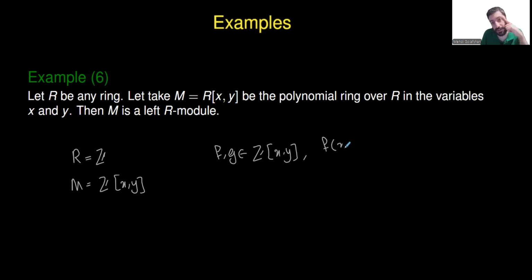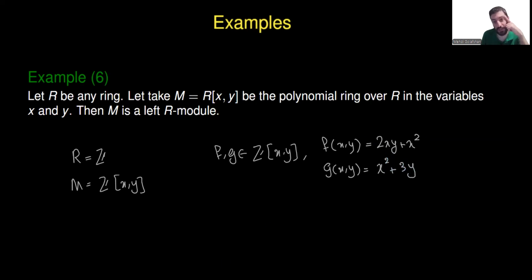Take f(x), which is equal to, for example, 2xy plus x squared, and g(x,y), which is equal to x squared plus 3y.